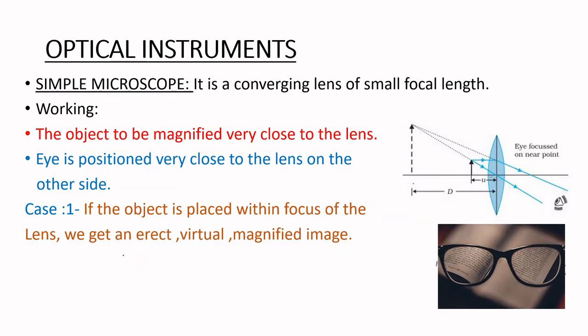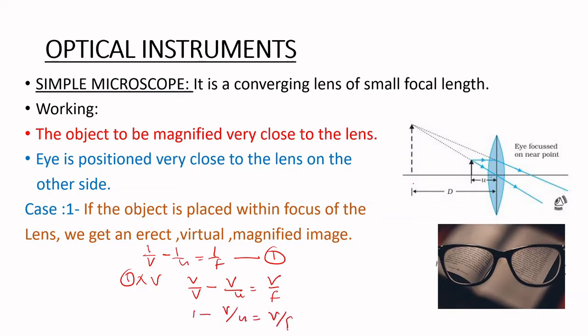First we write the lens equation, 1 by v minus 1 by u is equal to 1 by f. Now we multiply this equation by v on all the terms. So it is v by v minus v by u is equal to v by f. That is, 1 minus v by u is equal to v by f.